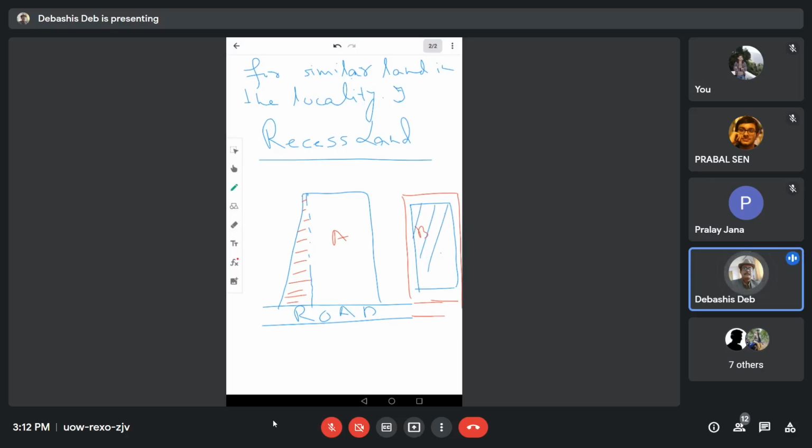The entire area can be used for building. The front space, depending upon the height of the building and width of the road, is normally 1.5 to 2 meter. Back space is also 2 meter to 3 meter, depending upon the number of storeys. Side space is 1.2 meter. So you can construct this much of building.